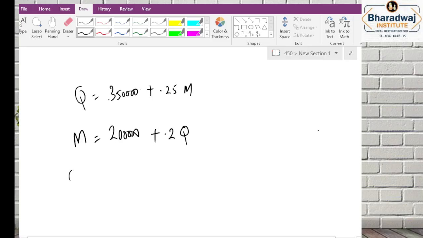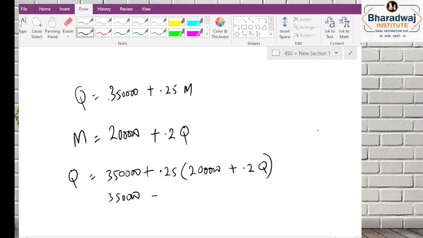Q is equal to 350,000 plus 0.25 of 200,000 plus 0.2 Q. You substitute and solve. 0.25 into 0.2 is 0.05.